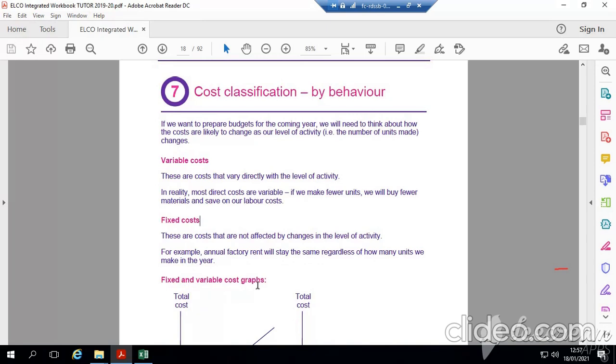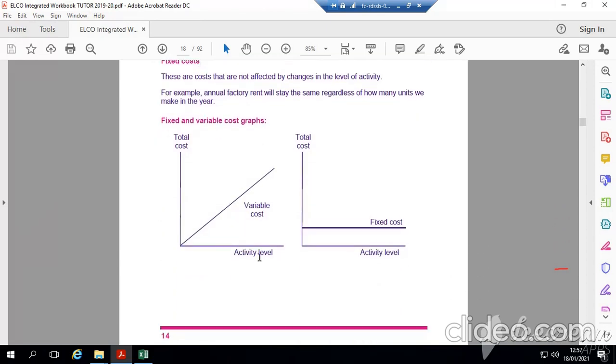Fixed and variable cost, if we're looking at this graph, so you can see this is variable cost. So if number of production or number of activity is increased, the variable cost increases also. If number of activity is decreased, the variable cost also decreases.